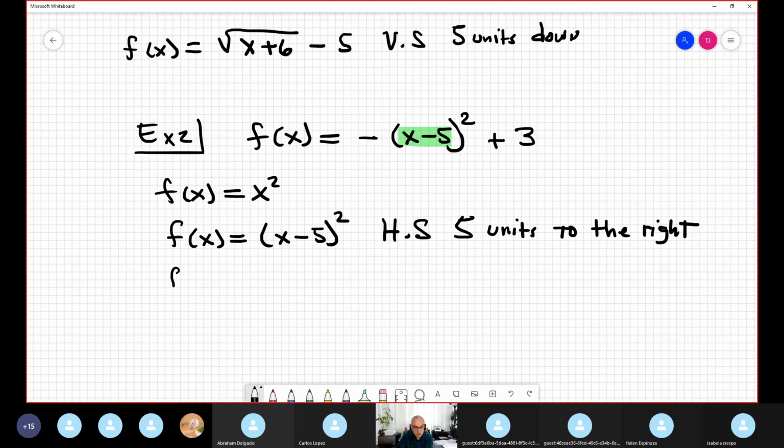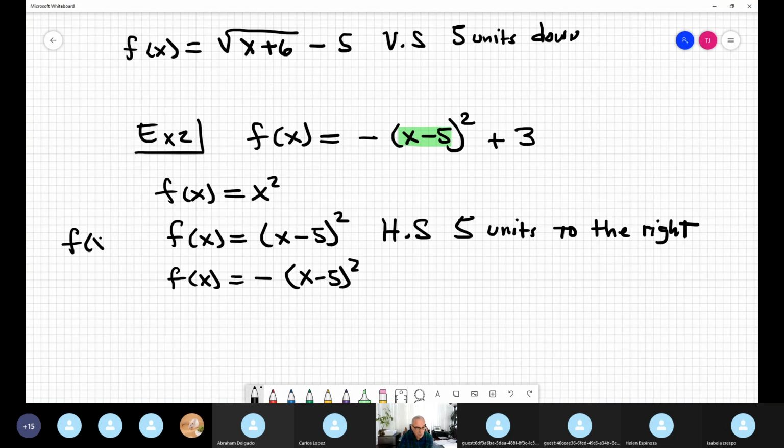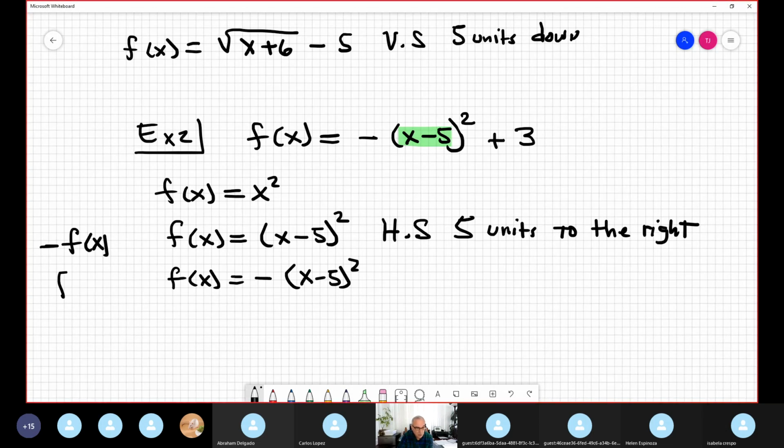What is the next? Well, the next is reflection, because you see a negative here. It's important that you understand very well. For example, we have two reflections. The reflection when you put a negative outside, and the reflection when you put the negative inside.